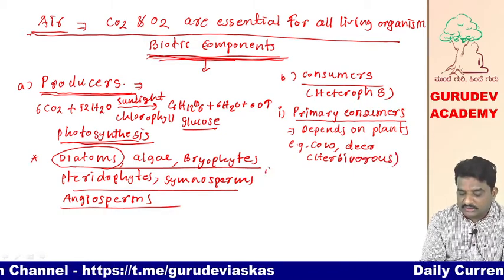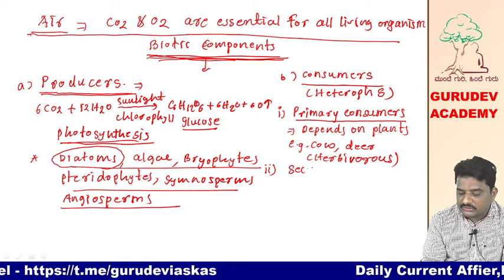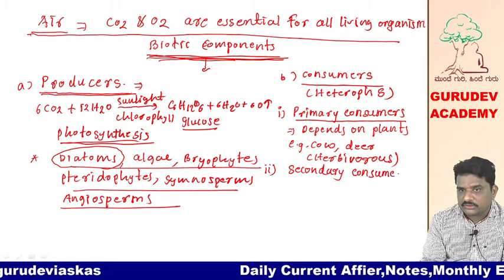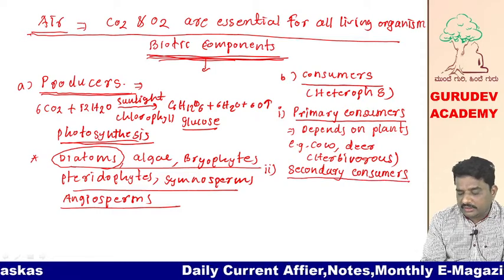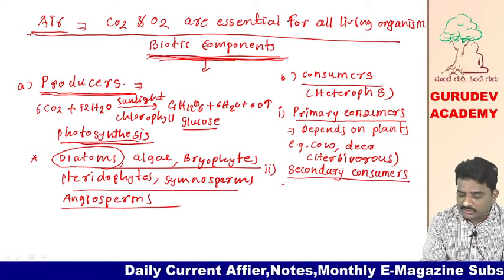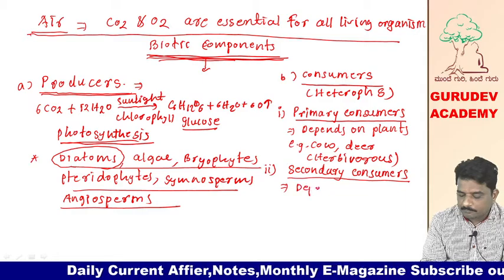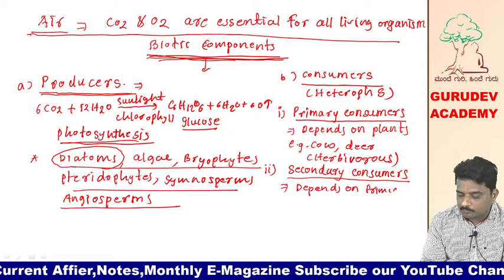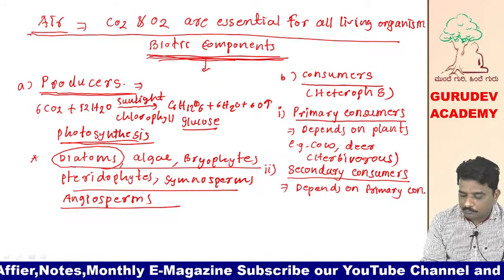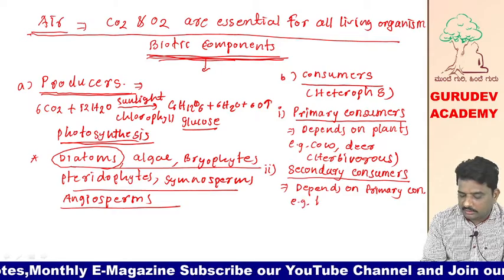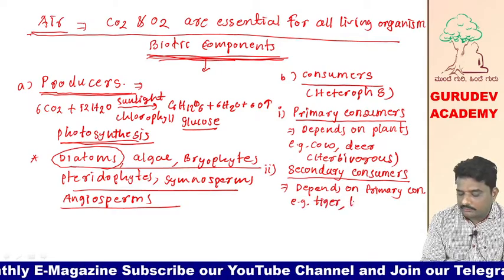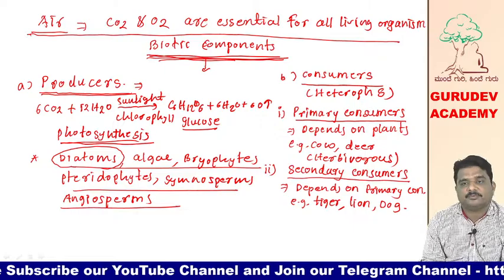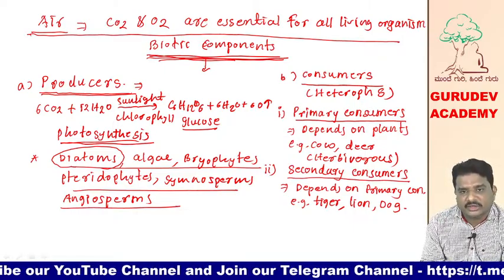On the primary consumers, the next level is the secondary consumers. Which are the secondary consumers? The animals that depend on primary consumers, for example, tiger, lion, and dog, are called secondary consumers.